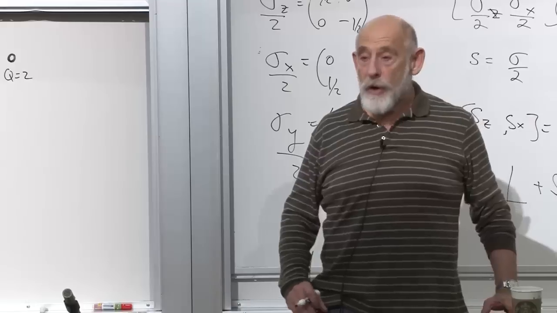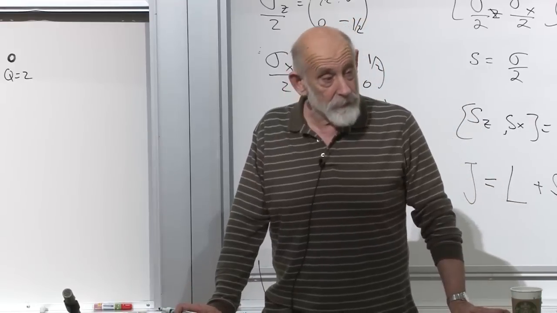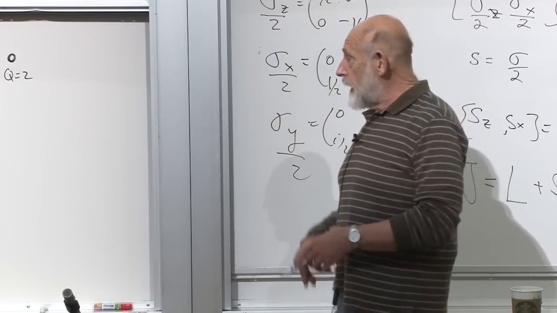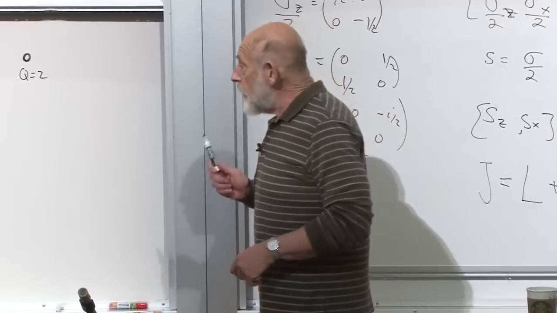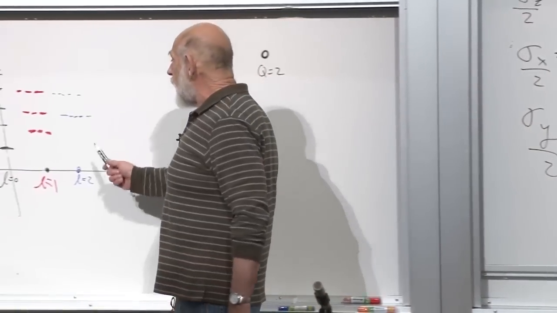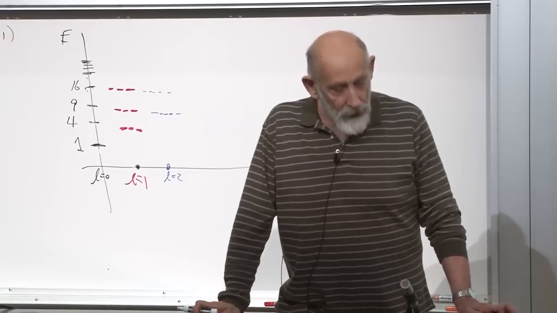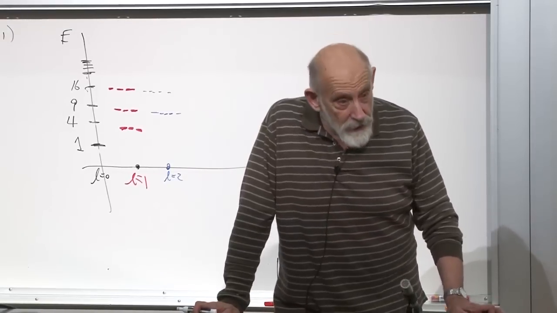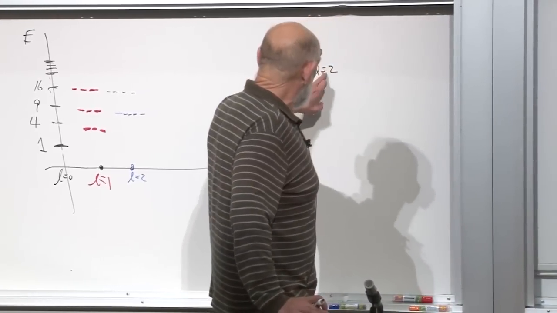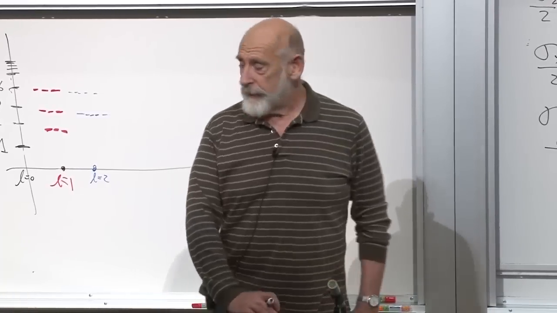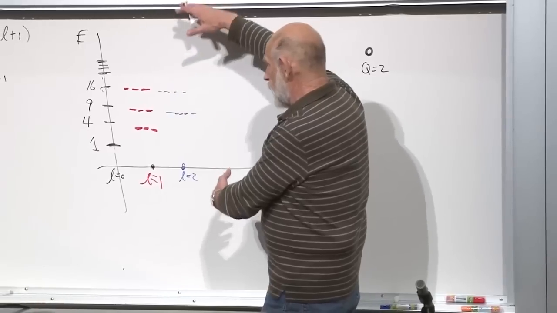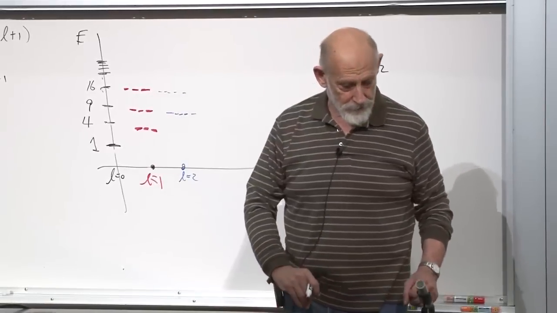Helium ion means 1 electron instead of 2 electrons. And you study the helium ion, and the helium ion looks exactly the same as the hydrogen, with the exception that you'll have to plug in twice as much charge. That spreads the energy levels out and rescales them, but same structure.